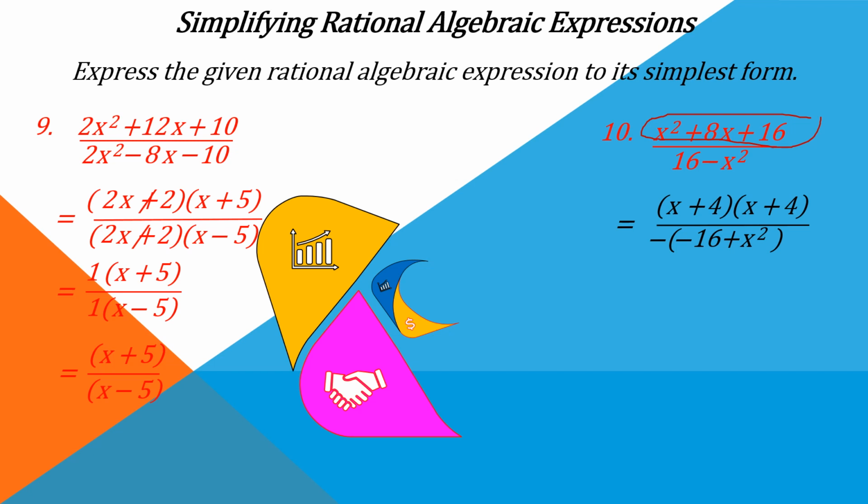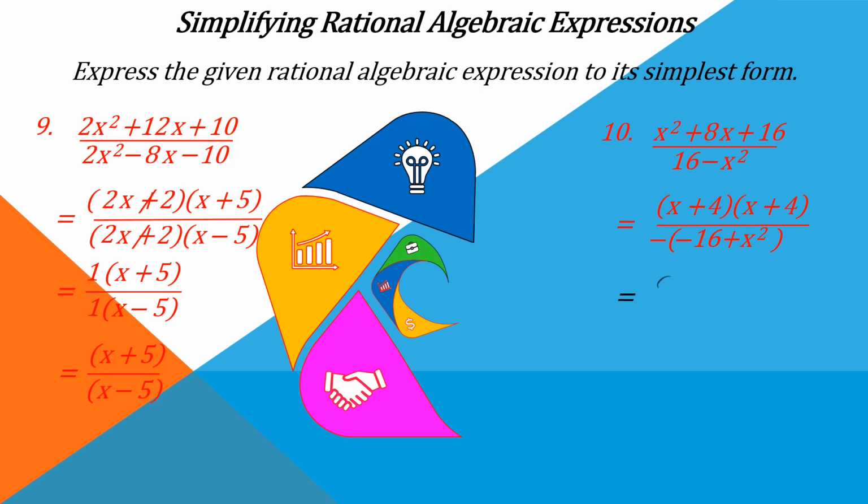This is our solution in order for x squared to become positive. And we will rearrange the denominator. We have quantity x plus 4 multiplied by x plus 4 divided by negative multiplied by quantity x squared minus 16.